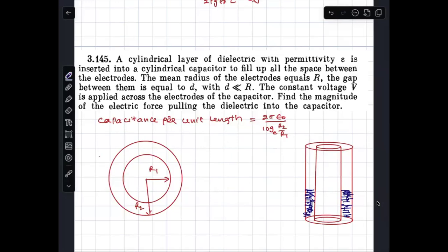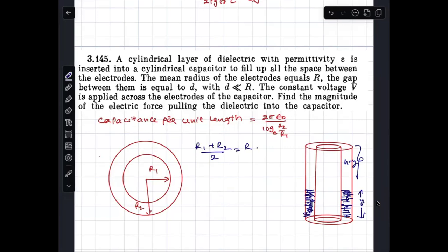The dielectric, say, filled it up to a height of y. Air is between, total height is h minus y. Side view, top view. In this case, the mean radius of the electrodes is r, meaning r1 plus r2 by 2 is r.